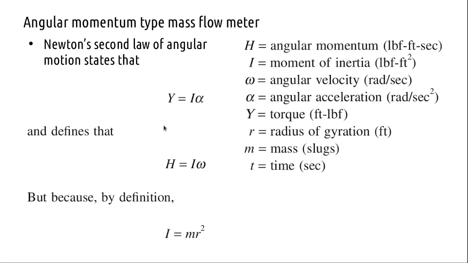So we understood that this particular value, torque, is proportional to the moment of inertia and the angular acceleration, and then from Newton's second law, this angular momentum is equal to the moment of inertia and the angular velocity, and the moment of inertia is defined as mr square.